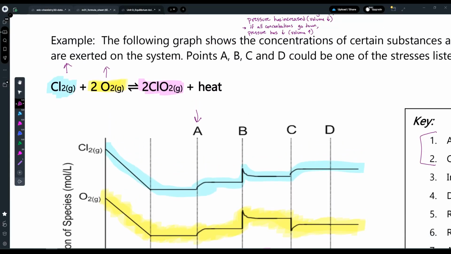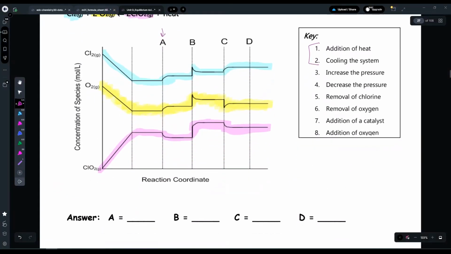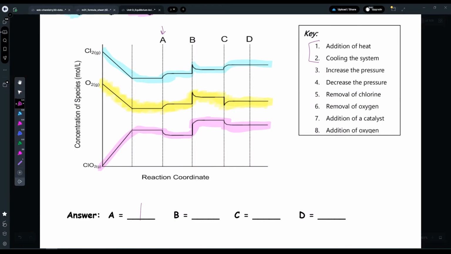But seeing as our reactants increase, the only way that that can happen is if the reverse reaction is favored. And the only way that happens is if you increase the heat so that the system shifts away to use up some of that heat and produce chlorine and oxygen. Okay, so I'm going to say it's going to be 1, the addition of heat.